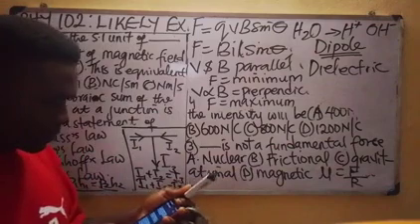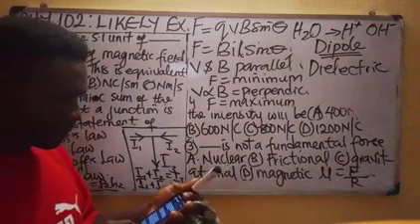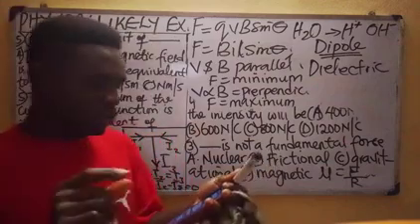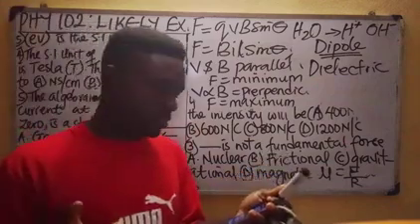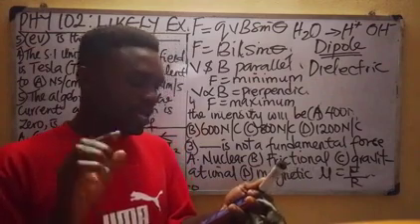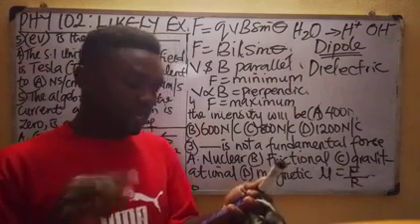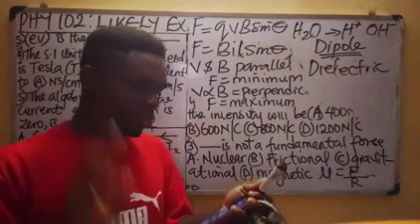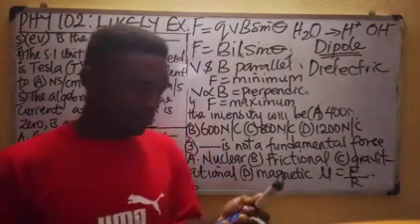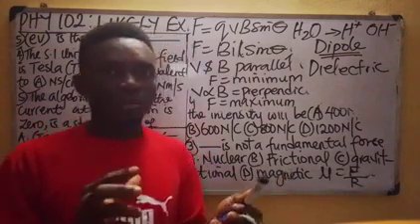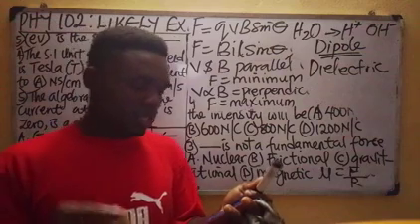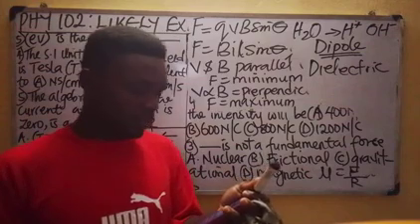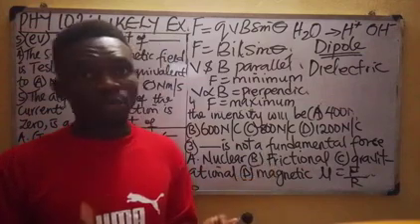Then the next one, they said an electric field is said to exist at any point in space when: A, two charges attract each other; B, two charges repel each other; C, a test charge experiences an electric force; and D, a test charge is attracted.